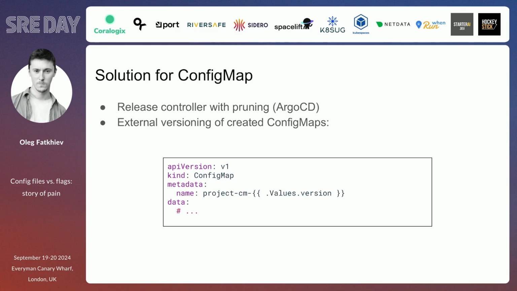Now, when you deploy a new version of your binary together with your config, the old pod is still going to use the old config map, and the new pod is going to use the new config map. It's great. But now it's inconsistent, because we don't do this for deployments, because deployments are smart. They look for changes. They know how to amend the changes. They know how to restart the pods. But config maps are not that smart. So it's going to be inconsistent. Deployments are not going to have a version in the name, but config maps are going to have a version in the name.